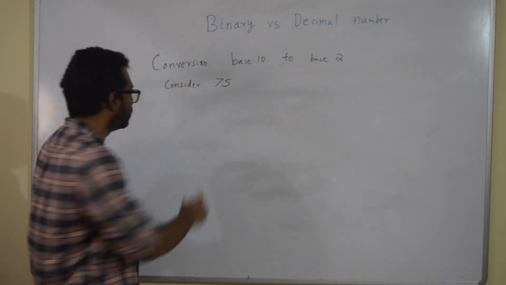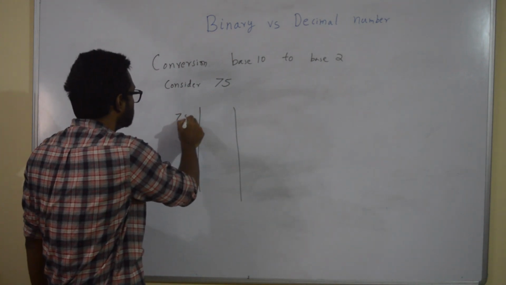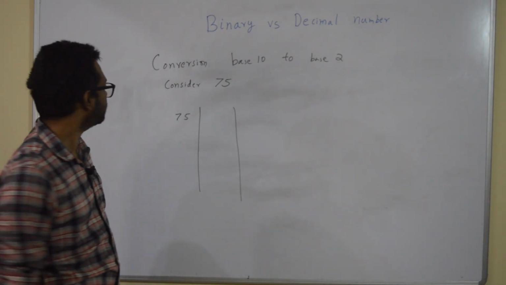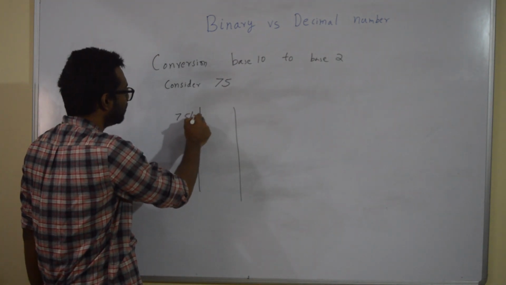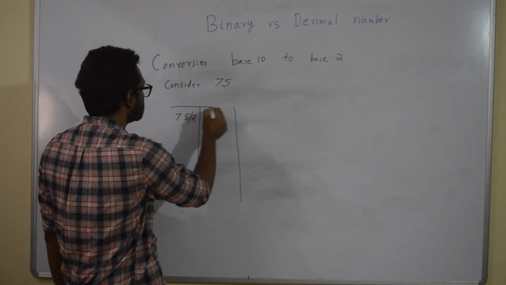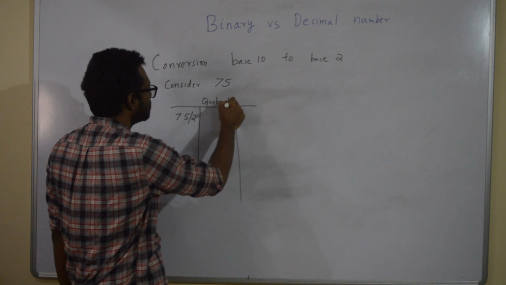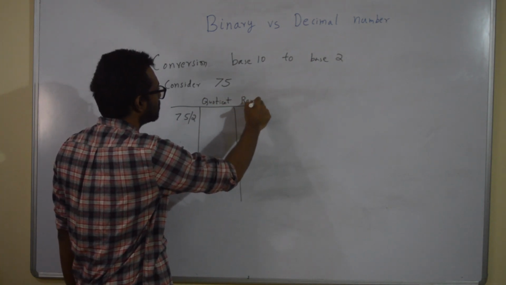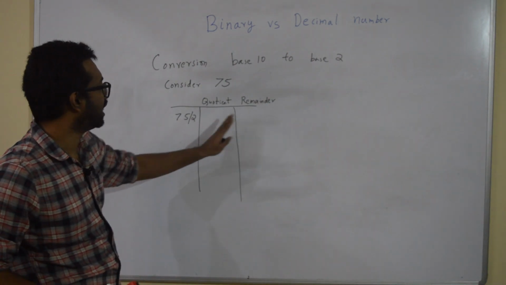First, I am going to create a table, and I note down 75 here, and I divide 75 by 2. I am going to note down its quotient and remainder here.